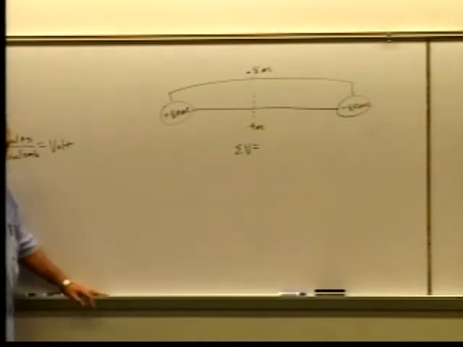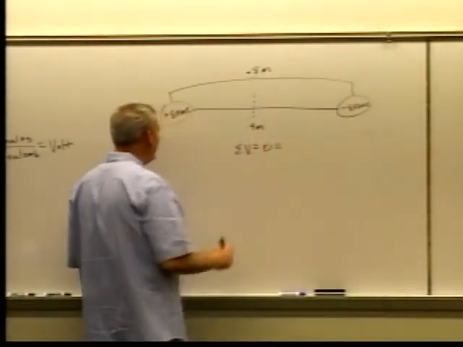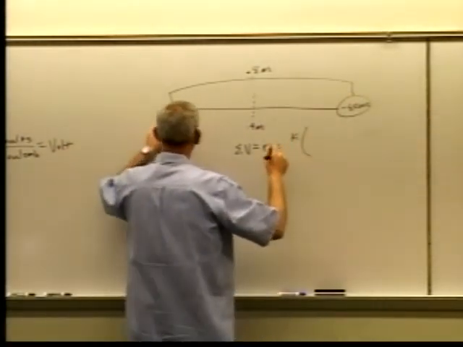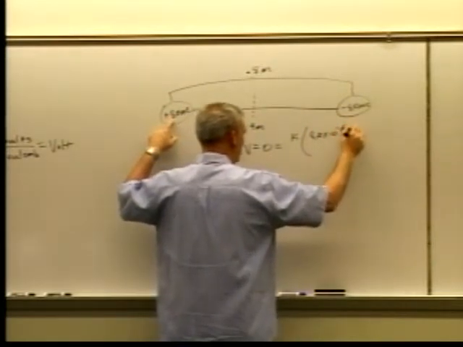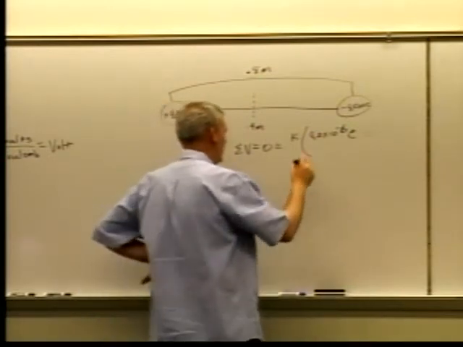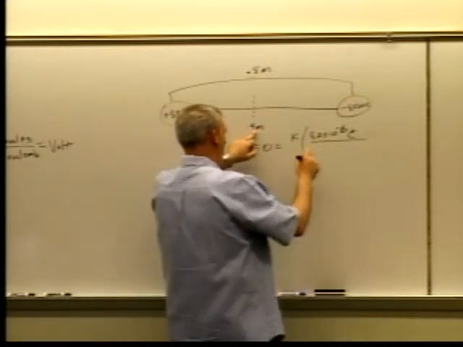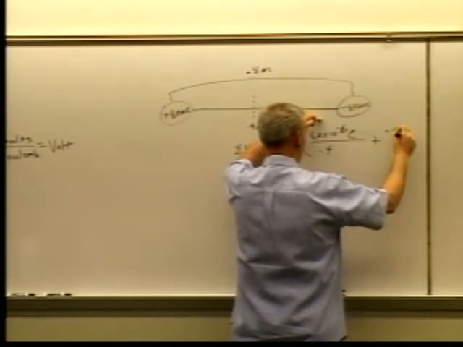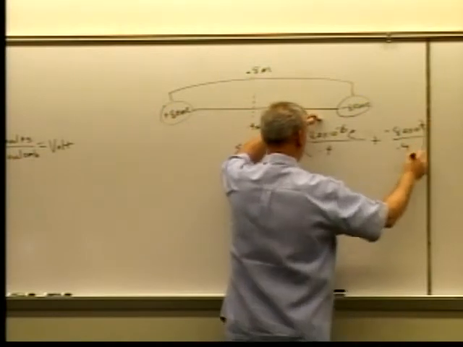Right there at that point. 0. Yep. The sum of the voltage would be 0, because it's going to equal K times 8.0 times 10 to the negative 6 coulombs over 0.4, plus negative 8.0 times 10 to the negative 6 coulombs over 0.4. Well, that looks like 0 to me.